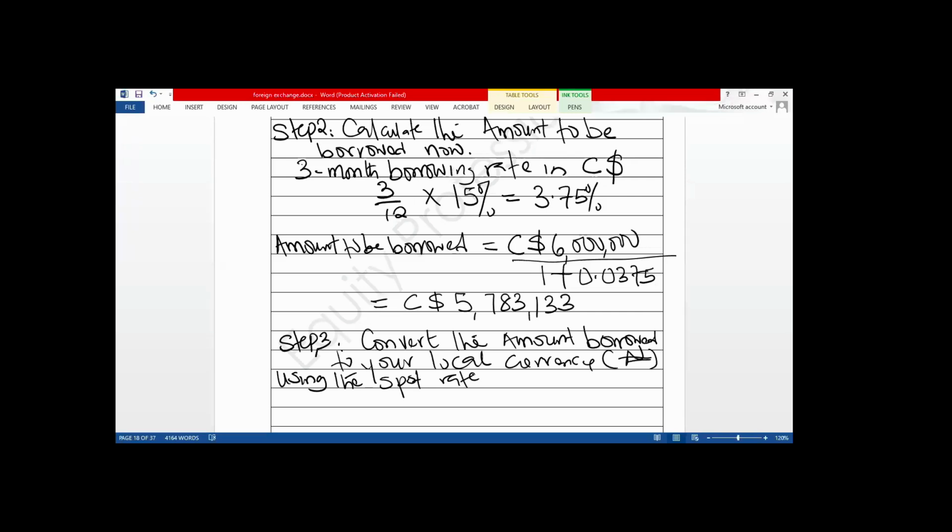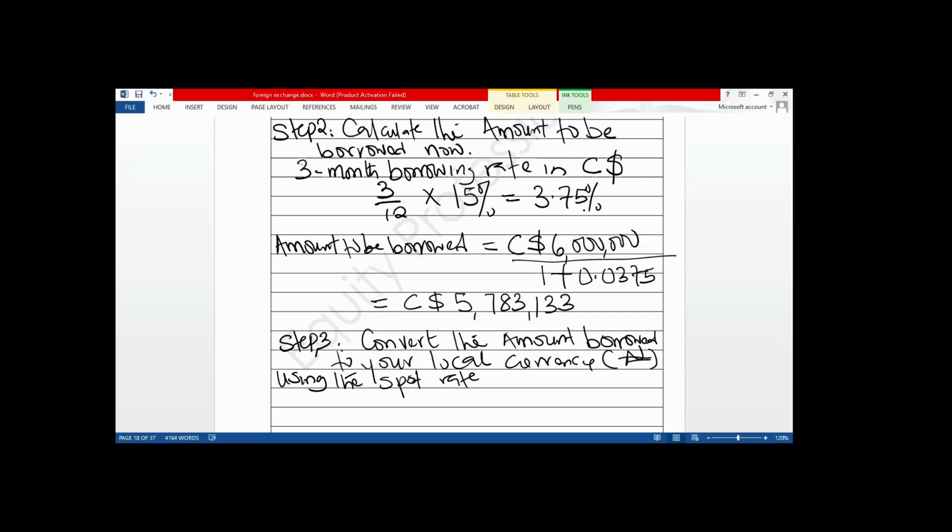You now want to get the present value of 6 million. You are going to discount to present value. The discounting rate is 3.75. Discount 6 million at a rate of 3.75. What is the present value now?